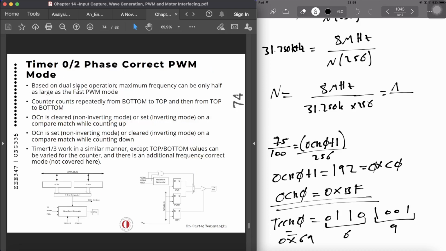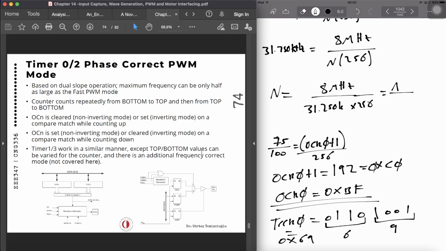Now, an alternative method to the fast PWM is phase correct PWM. Now, phase correct PWM is based on the dual slope operation. So maximum frequency can only be half as large as the fast PWM, but the counter counts repeatedly from bottom to top and then top to bottom.